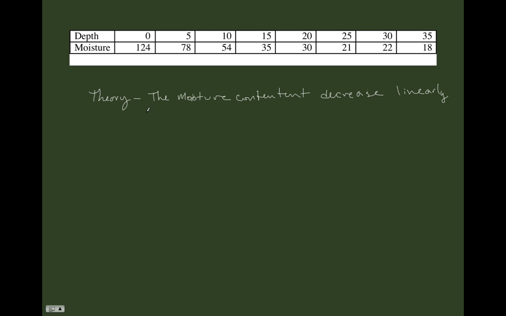So our theory should be that the moisture content, what am I spelling? I knew something looked wrong there. That the moisture content decreases linearly as the depth increases. As we think about this, we also want to think about our variables.